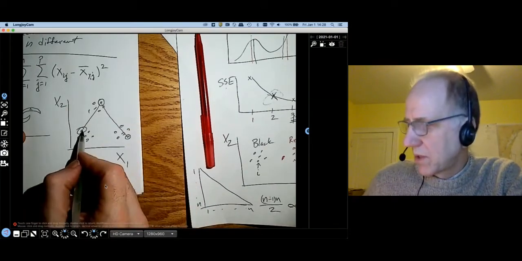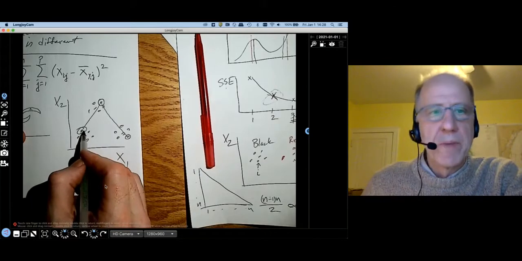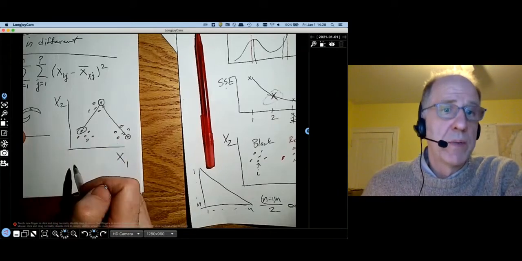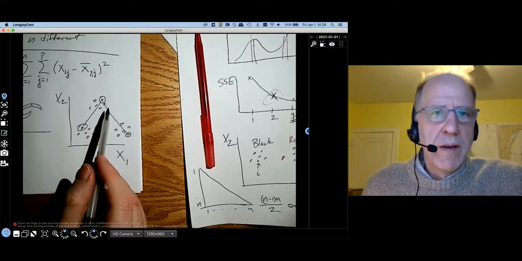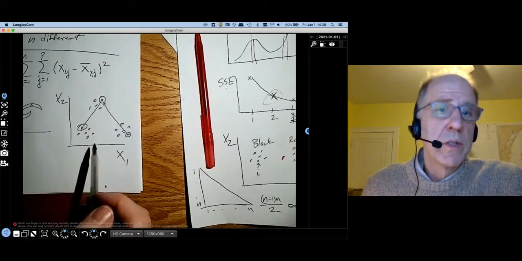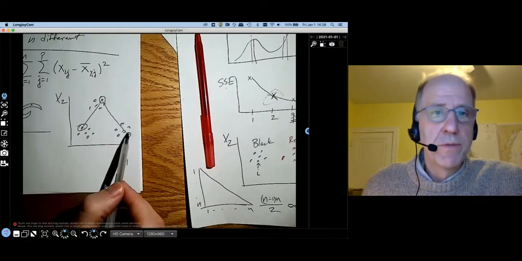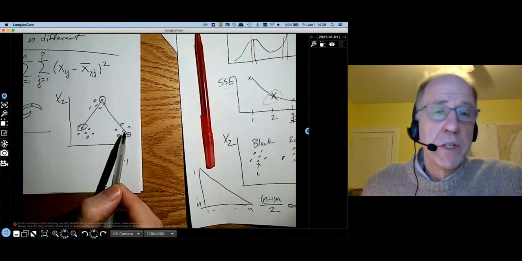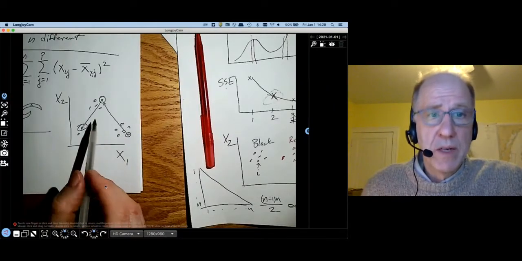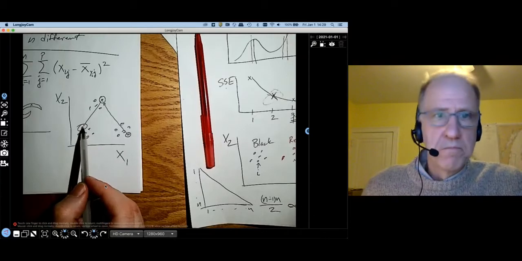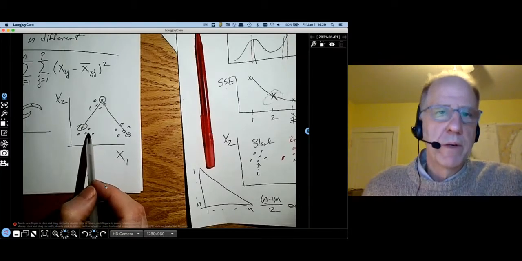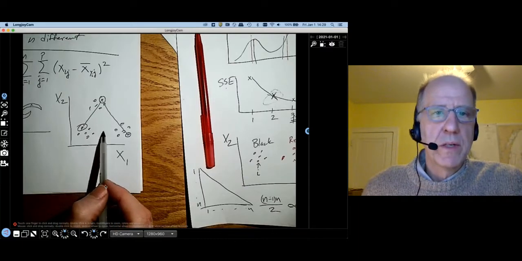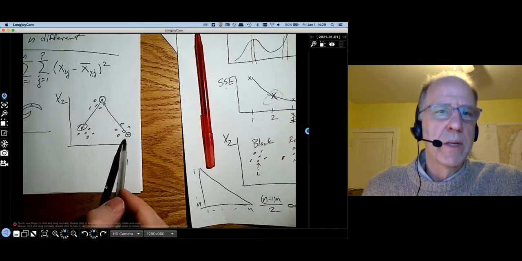So the minimum of these distances is going to be this guy, and that's going to be as large as possible. And so in this simple example, clearly I picked 3 pretty good seeds because they're all in different clusters. Whereas if I just picked observations at random, there'd be a good chance that I'd get, say, 2 seeds from this cluster, and it would take more iteration for that center to drift over and get to the right cluster.